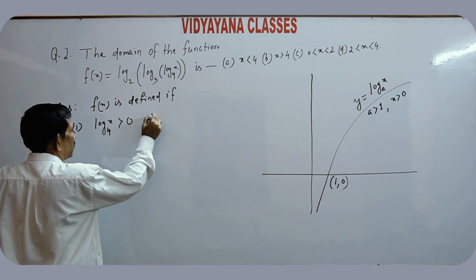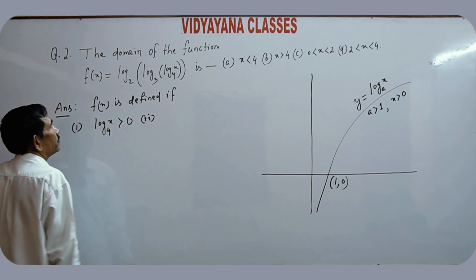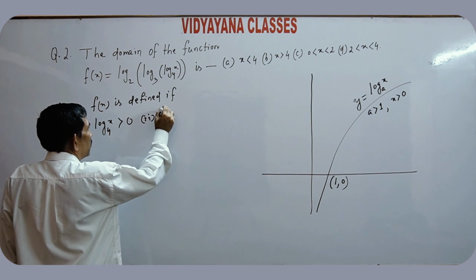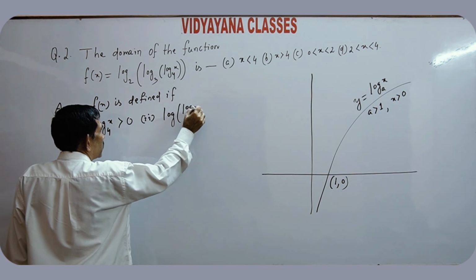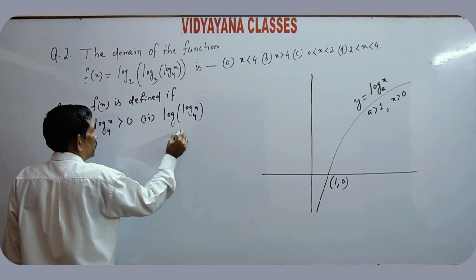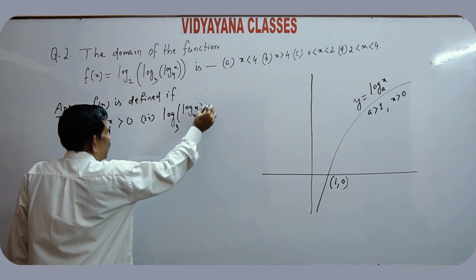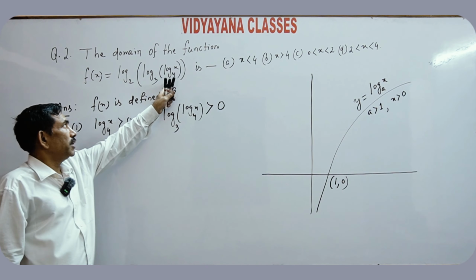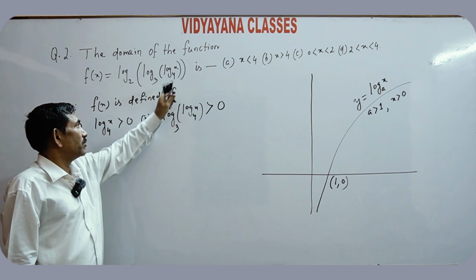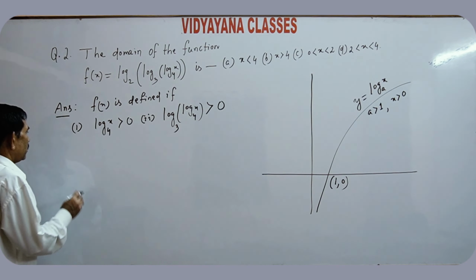Second condition, log of (log x with base 4) with base 3 is greater than 0. This part is also greater than 0.